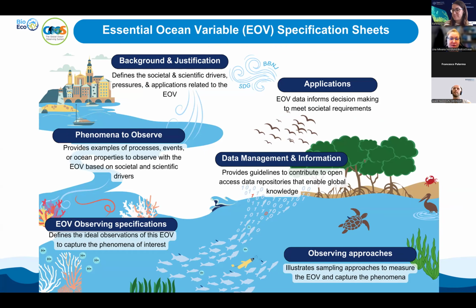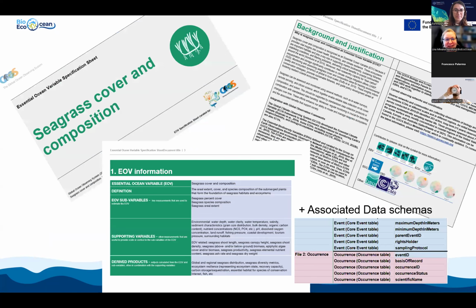It provides background and justification, applications, the phenomena to observe, data management and information, the actual observing specifications, as well as observing approaches. This is how they look in real life. They can also be downloaded from the GOOS website. I will also share the link to that after this talk.